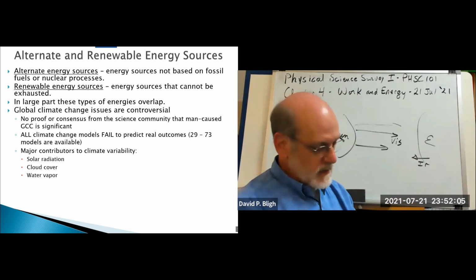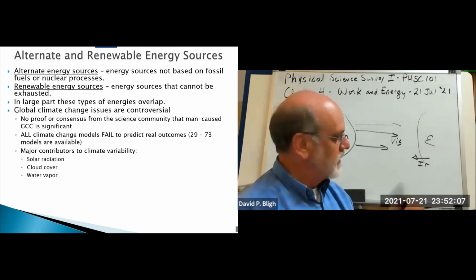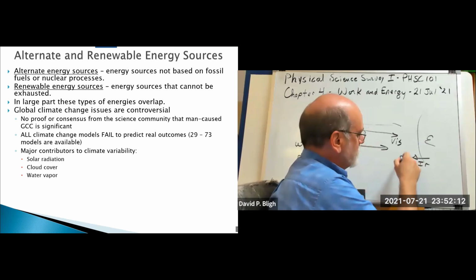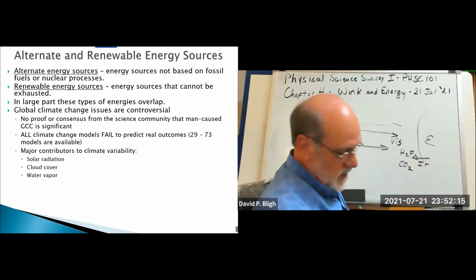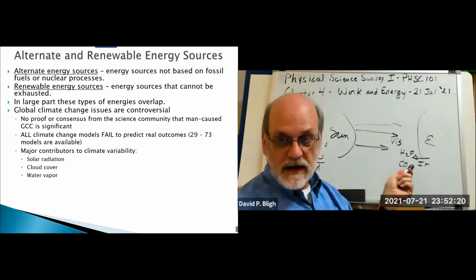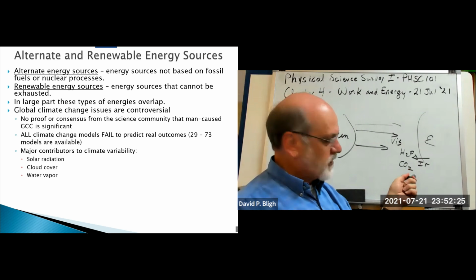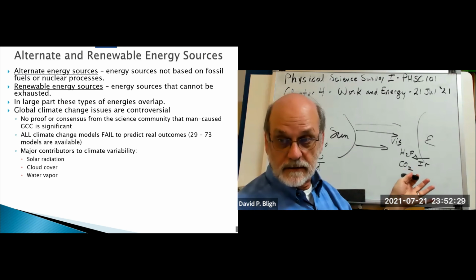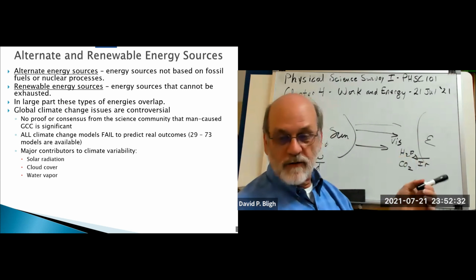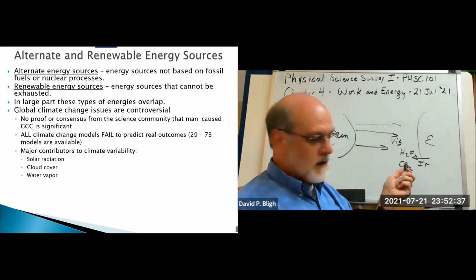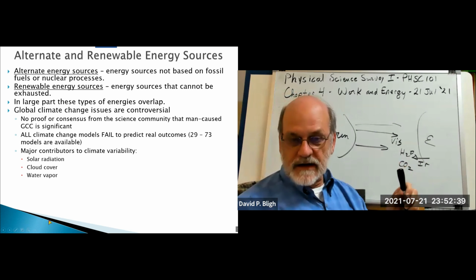So infrared can be reflected back to the earth by molecules in the atmosphere. CO2 does, water vapor does, and there are several others. Methane, in fact, is more effective at trapping infrared radiation than is carbon dioxide. But there's so little carbon dioxide in the atmosphere, around 420 parts per million, which is very low, whereas water vapor is in high percentage amounts. So water vapor is much more effective at trapping.